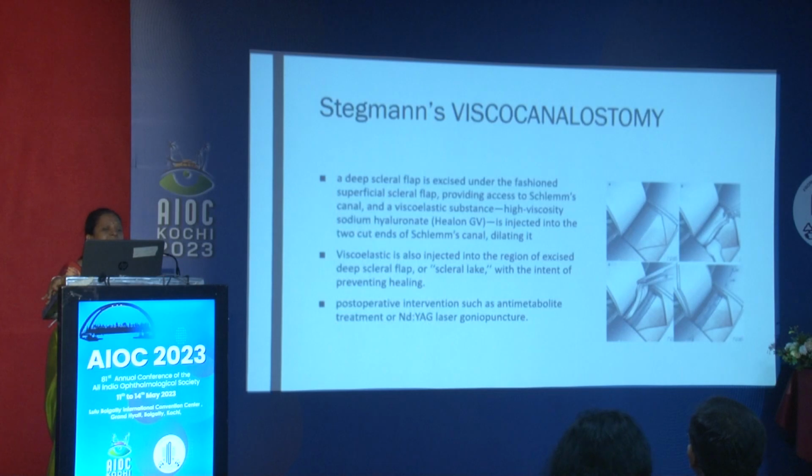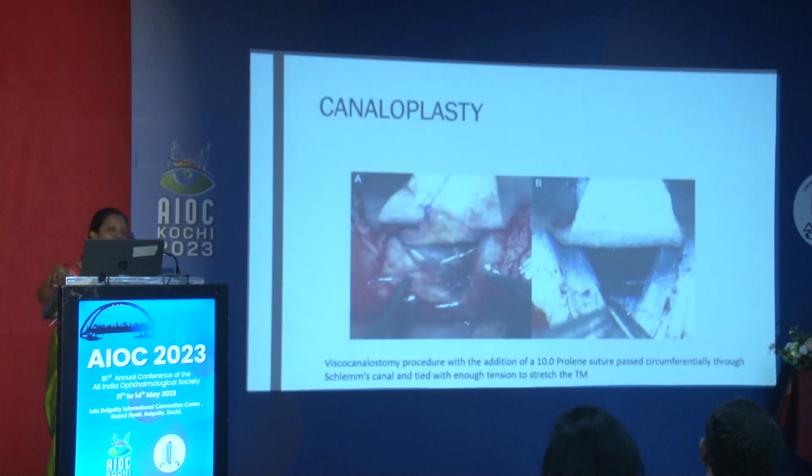And in 1999, Stegmann introduced viscocanalostomy. Here a deep scleral flap is excised under a superficial flap, so it creates a scleral lake, and the aqueous percolates through a trabecular Descemet's window. This was all to prevent the healing process and to reduce the complications seen with trabeculectomy. However, the intraocular pressure control was not as good as for a TRAB.